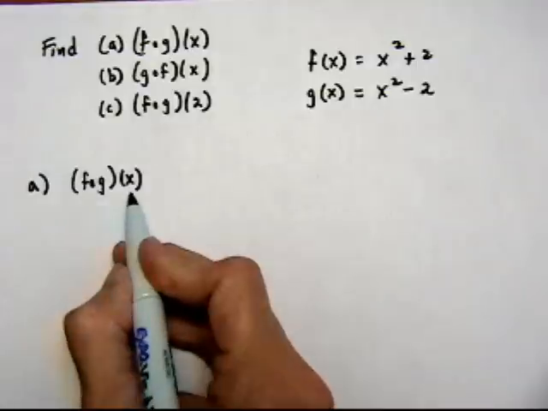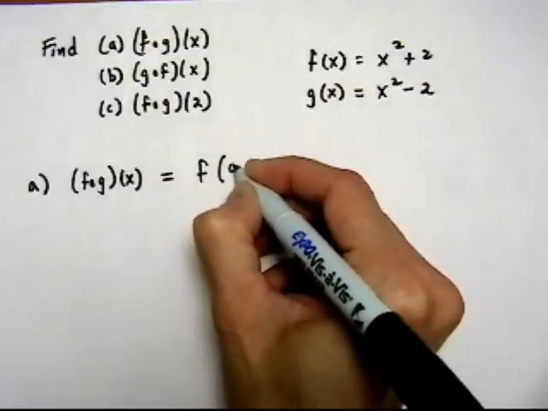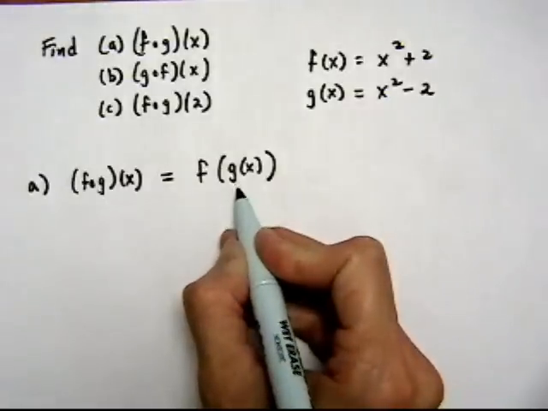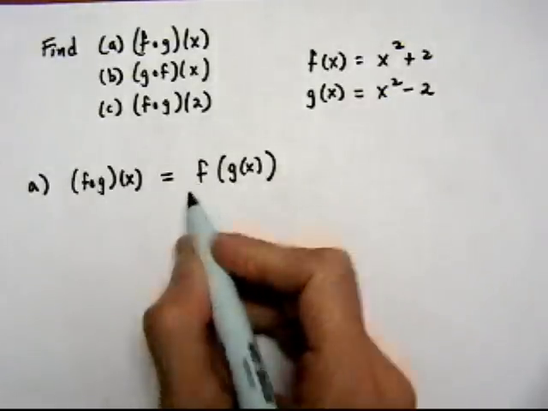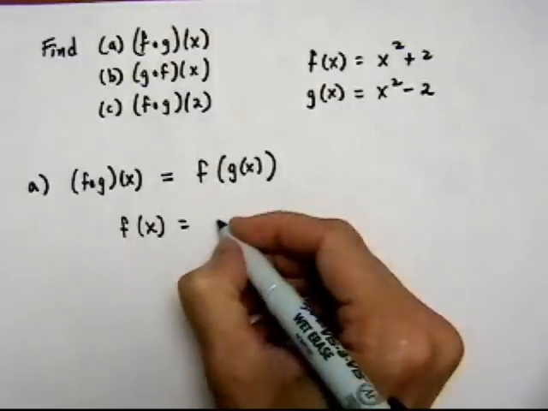So f of g of x. Keep in mind that means f of g of x. So that means we want to take g of x and use it as the input for the f function. So we start with the f. f of x is equal to x squared plus 2.